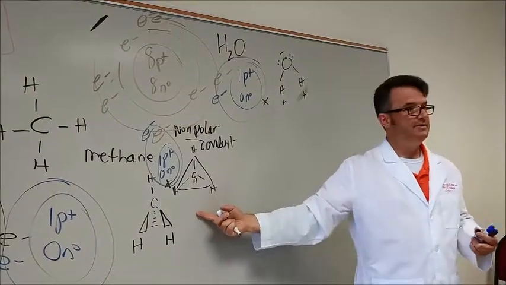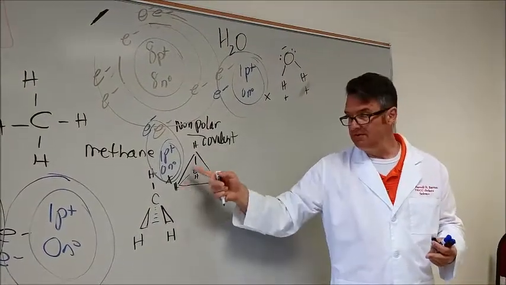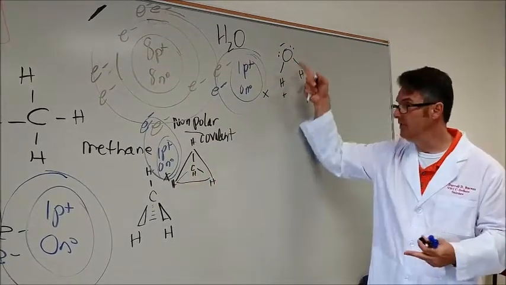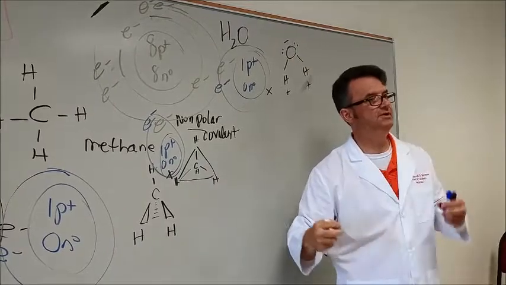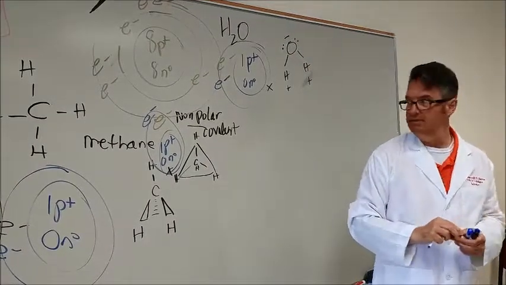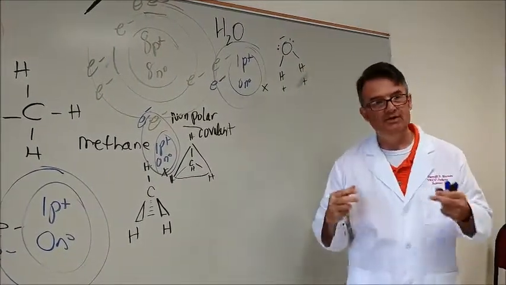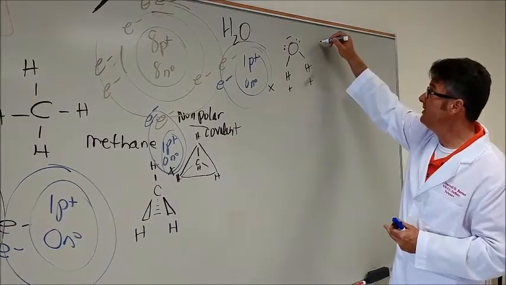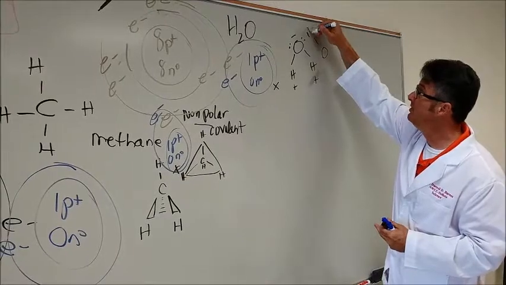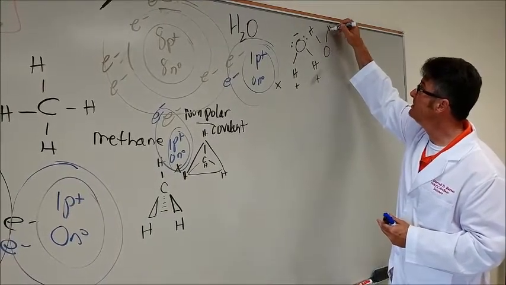By the way, water also forms this tetrahedral form, and that's why it's bent like this, because there are some unpaired electrons that force those hydrogens into a bent configuration. Now, what's so neat about water is that when you mix it with other water molecules, it flip-flops like this.